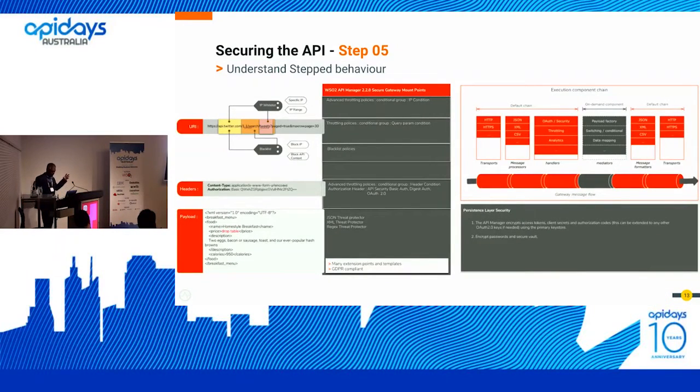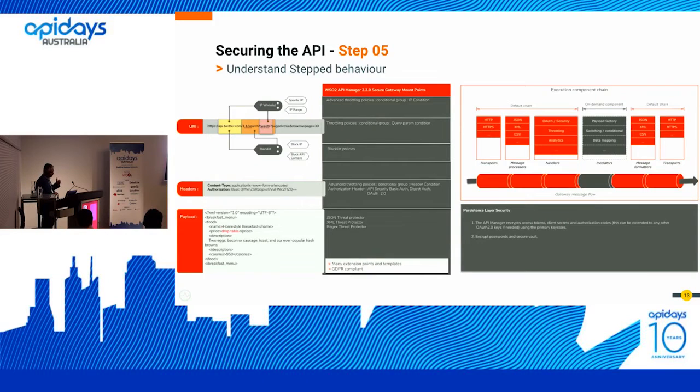Now, if you club all of this together, basically what you are doing is applying different security policies at different levels of API consumption, or the API round trip. First, you do the validation here. So you are basically doing the structural validation.